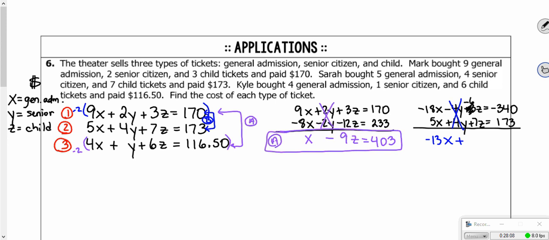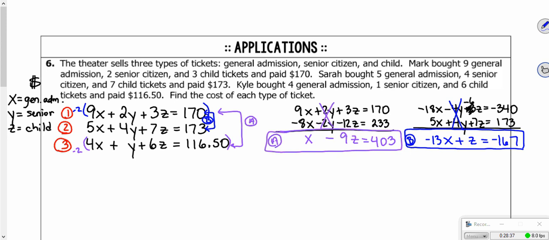That makes a lot more sense. So I've got -13x, plus 1z equals -340 plus 173, which is -167. Okay, so now this is my equation B.